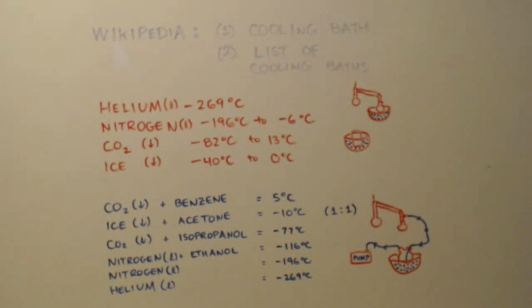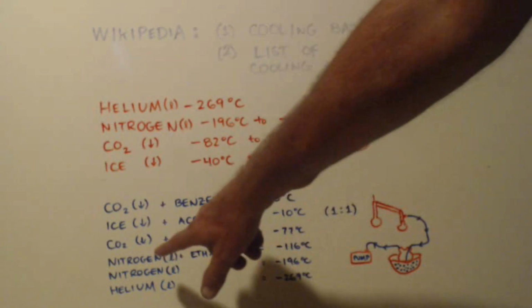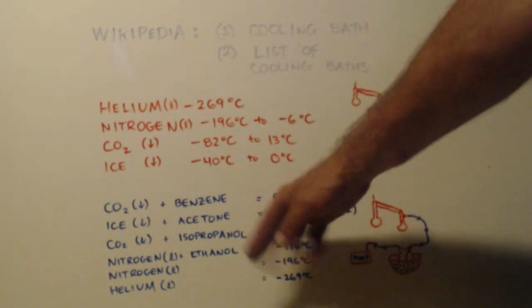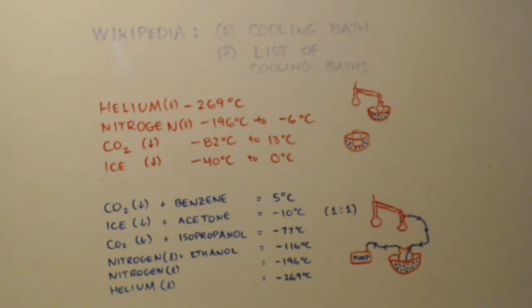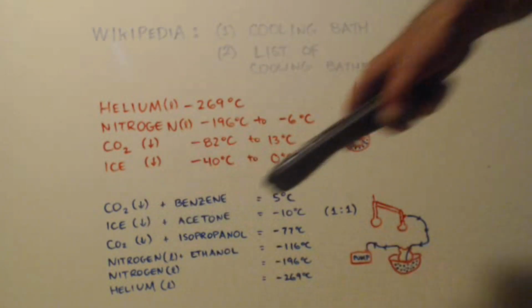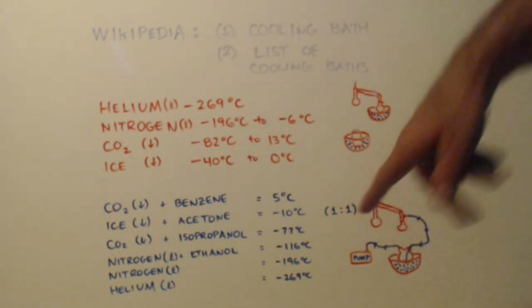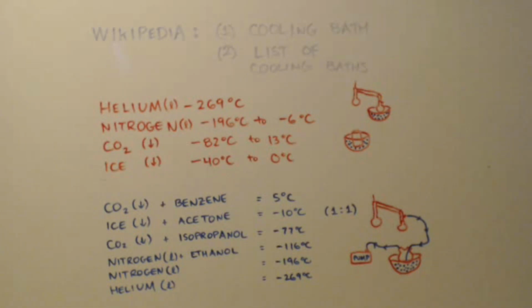Let's say you put it in ethanol, you can keep the temperature at minus 116 Celsius. You know what I mean? Depends on what you put it in. You can put ice in acetone, and if you have a 1-to-1 ratio, you'll keep a nice minus 10 degrees Celsius temperature. Like I said, you can go look online and look on Wikipedia. They give you a lot better examples.